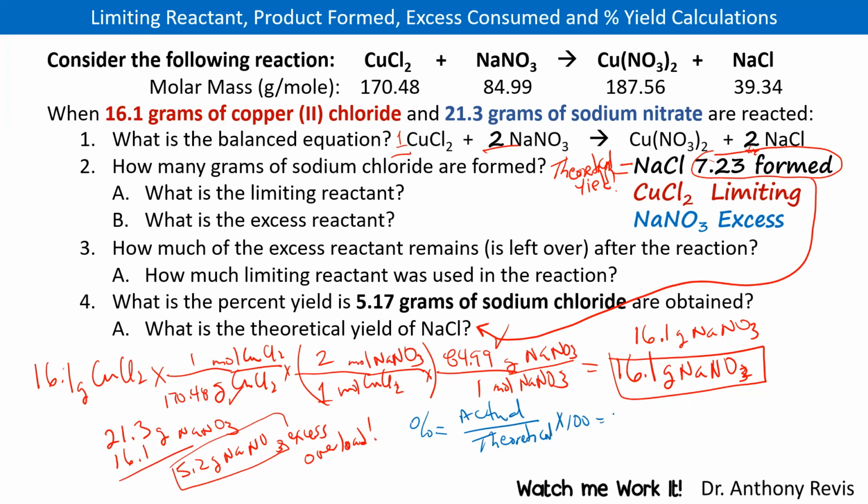So the actual yield was 5.17 grams. The amount I should have gotten was 7.23 grams, times 100 gave me a 69.6% yield. And for all of you who like these little squiggly approximations, that's about 70%. Not very impressive, but not bad at all.